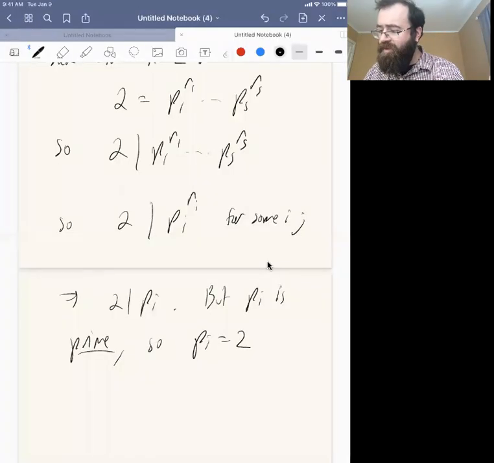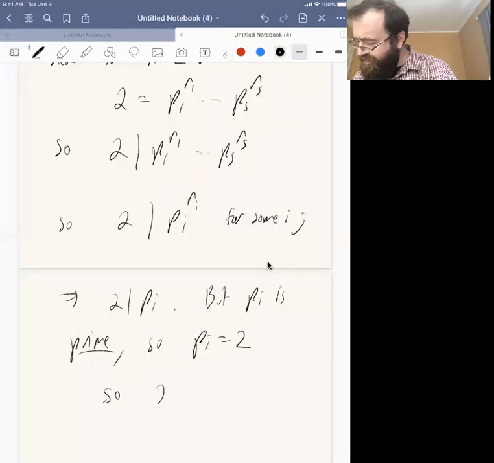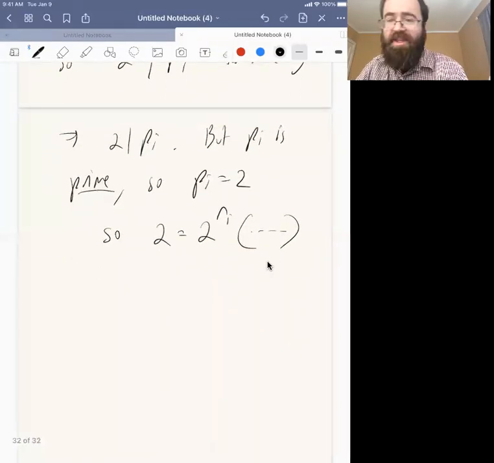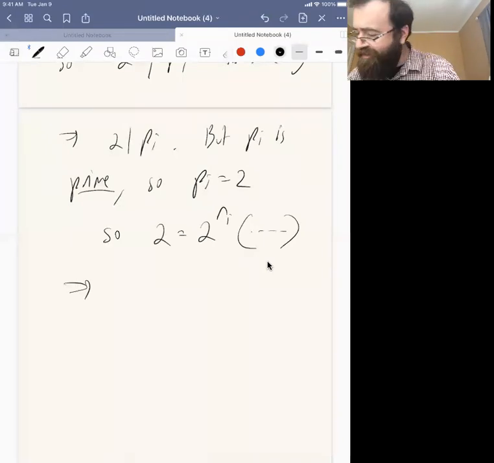Okay, so if one of these primes is 2 to a power, we've written 2 as 2 to the ri times something else. And so the only way this can possibly be true, you can't have 2 is 2 times another natural number unless the natural number is 1. So this implies that this ri is 1 and there are no other factors.